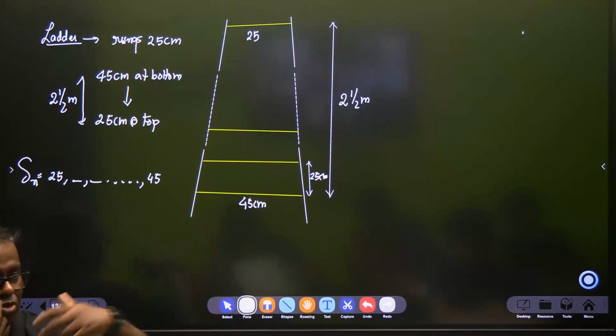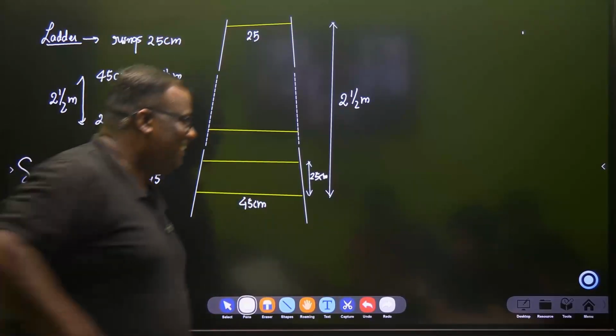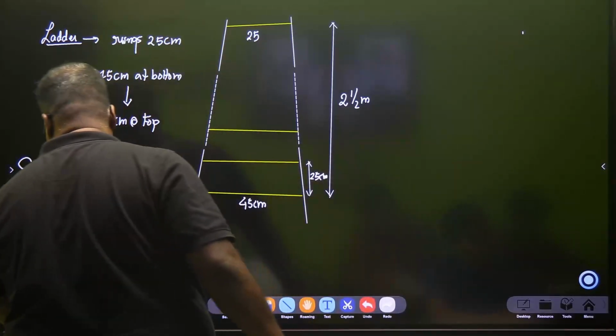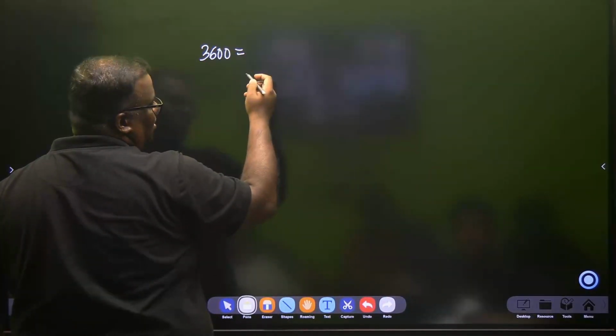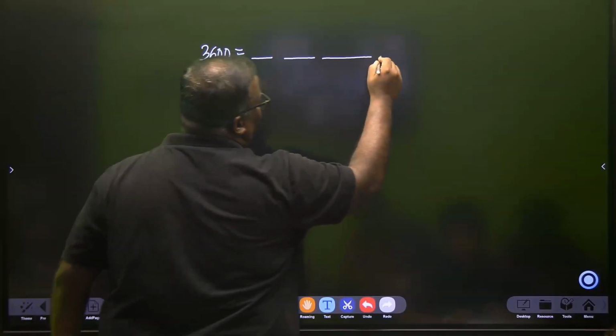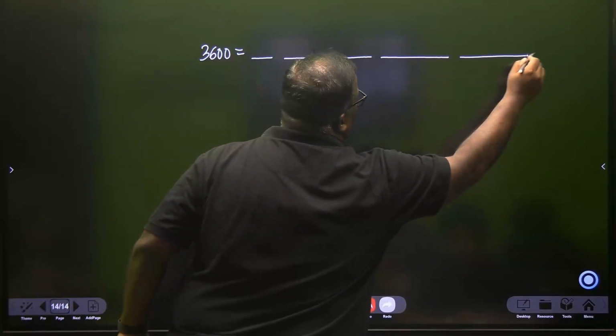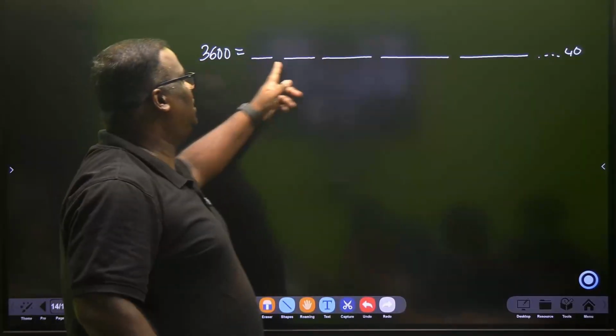3600 rupees has to be paid in 40 installments. Look at the faces. 3600 has to be paid in how many installments? 40 such installments. Installment 1, installment 2, 3, I don't know.